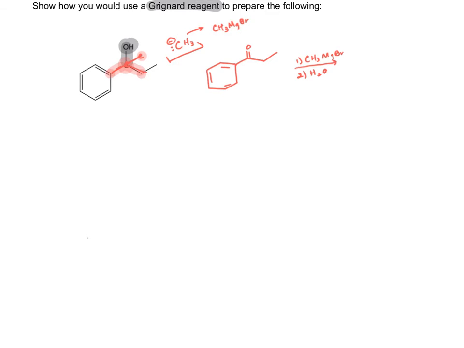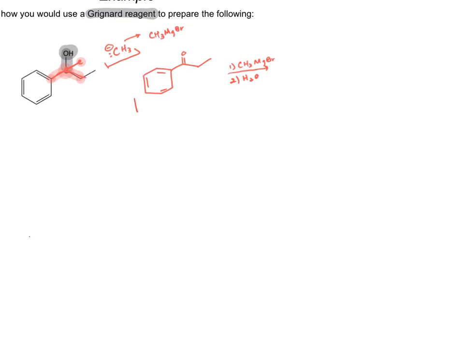So one way that we could accomplish this is taking this guy, using the methyl Grignard reagent, and following that in a second step with water, we would get overall as a product methyl OH, something that looked like this, which is what we started with.